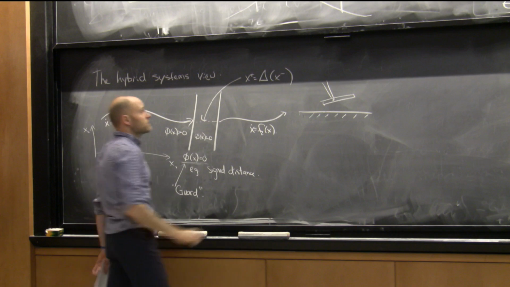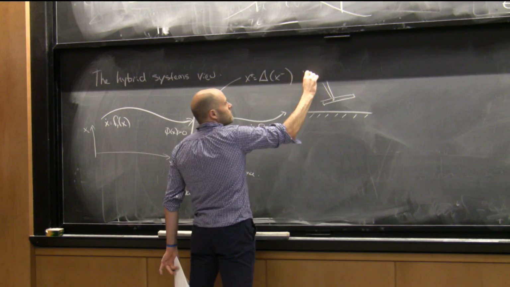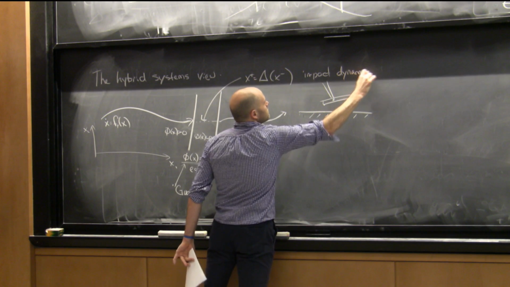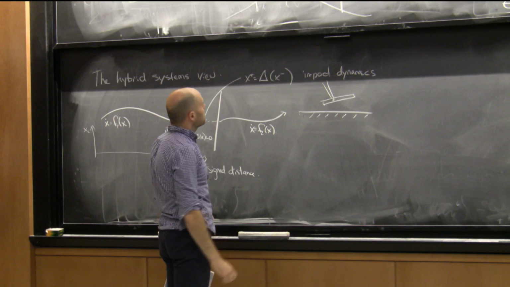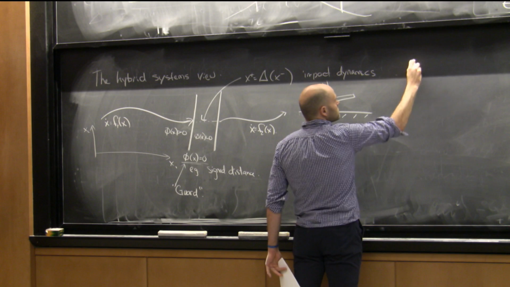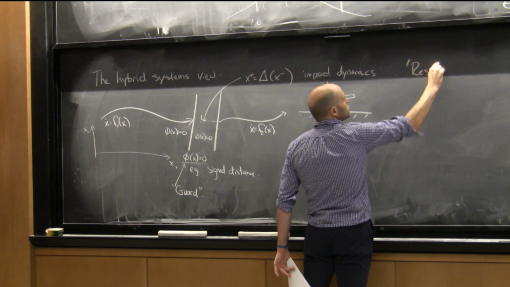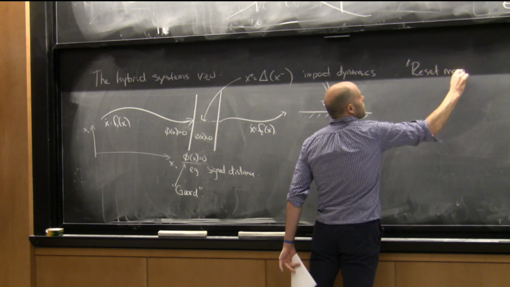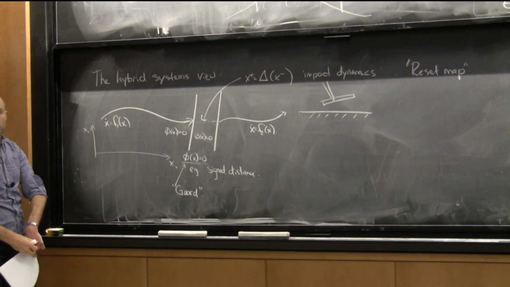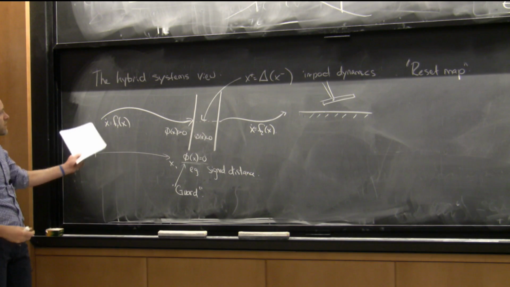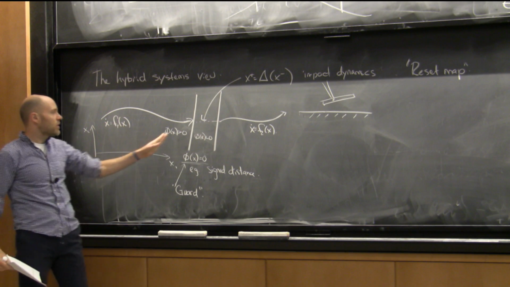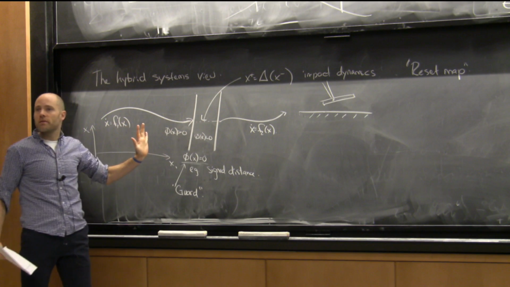That's my impact dynamics, and that's often called the reset map. So for a system that has exactly two different modes and undergoes only a single collision, this is the picture you want in your head.